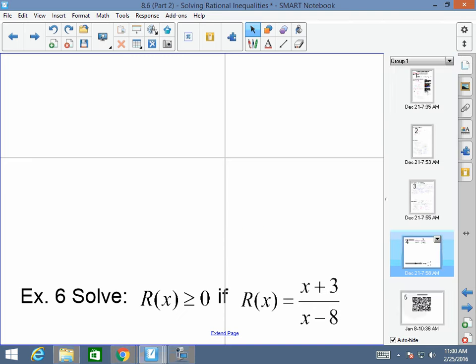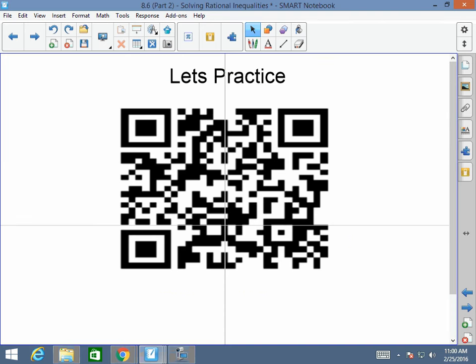Also, if you need extra practice, simply scan this with your iPad. It will take you to a website with more questions like this with answers. Homework is valid, guys. Please remember this. It's on a recording. Finish the last examples. I will check it on Monday for a grade.